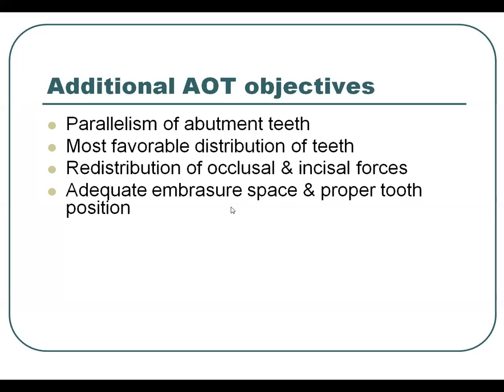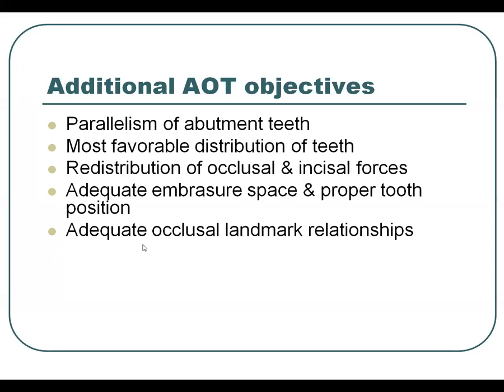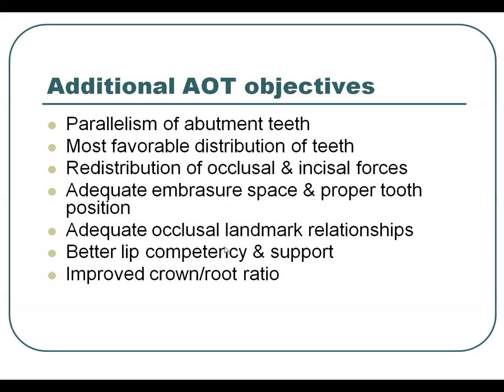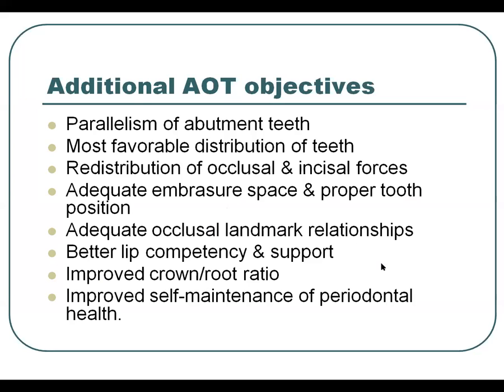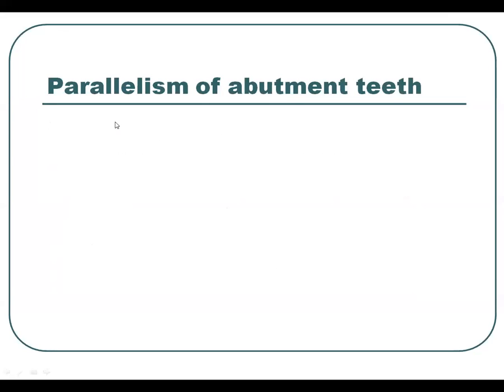Adequate embrasure space and proper tooth position has to be maintained. Adequate occlusal landmark relationships, better lip competency and support, improved crown root ratio, improved self-maintenance of periodontal health. So these are the additional objectives of adult orthodontics. Now we will see one by one.